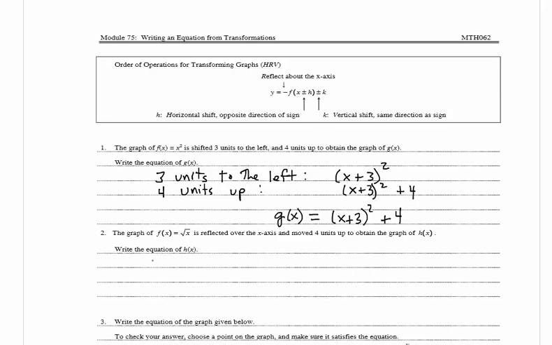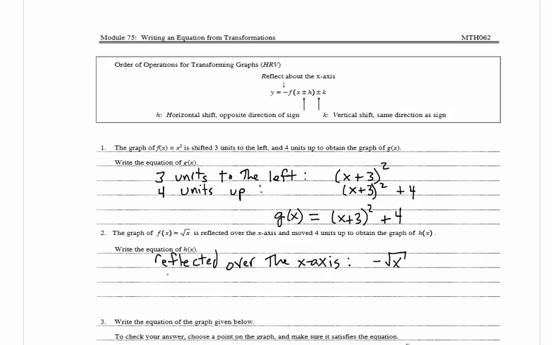So we're going to have reflected over the x-axis. And if we reflect over the x-axis, then we put a negative sign out in front of our function. So we're going to have negative the square root of x.